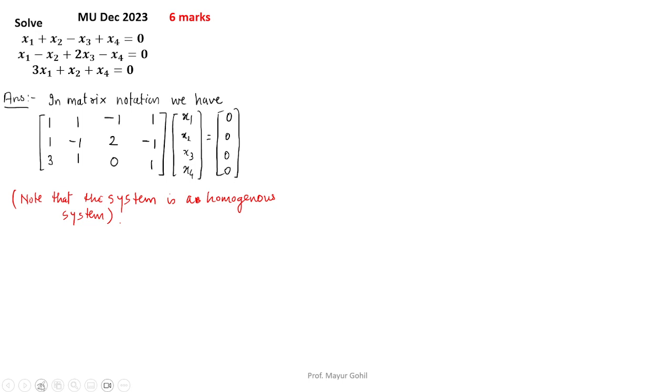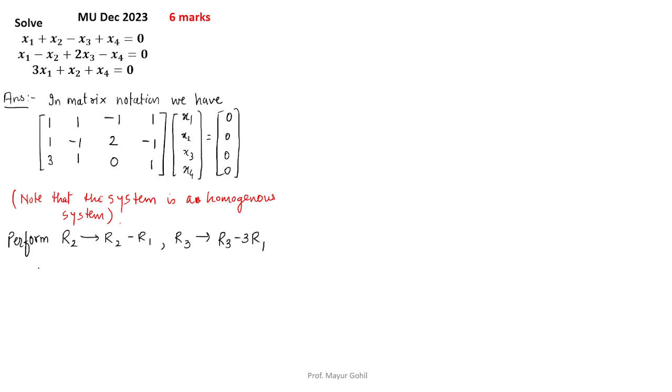Now we perform the row transformations on it and we reduce it and see what all things we get. So we perform R2 changing to R2 minus R1, R3 changing to R3 minus 3R1.